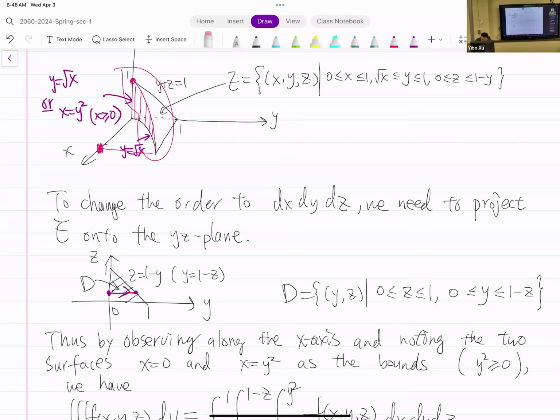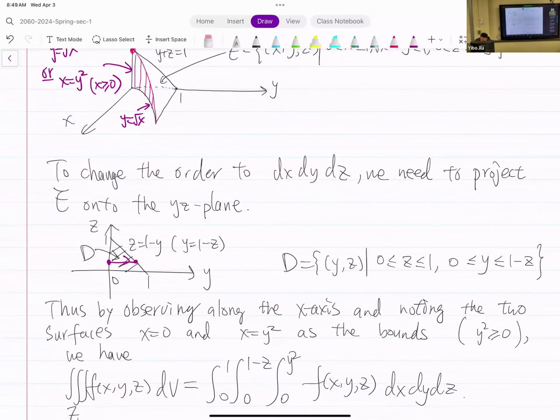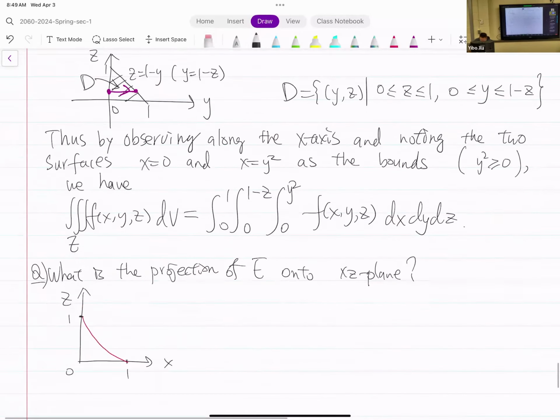The quadratic surface is y equals square root of x. We need to put them down together. And then the plane at the top is y equals 1 minus z.